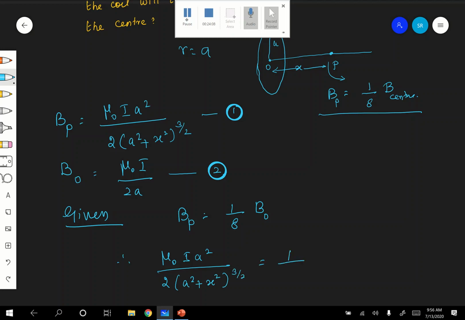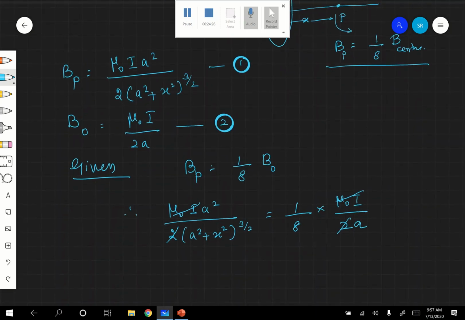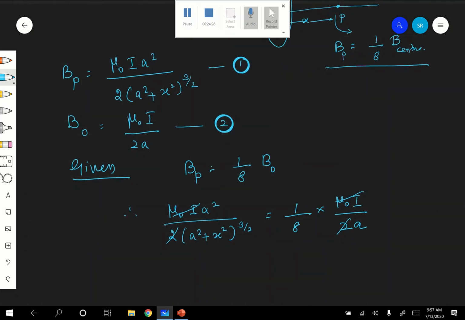That is equal to 1/8 times mu naught I by 2A. Are you following, children? Everything will cancel. Therefore you will be getting 8A cube, that is equal to A square plus X square the whole power 3/2.